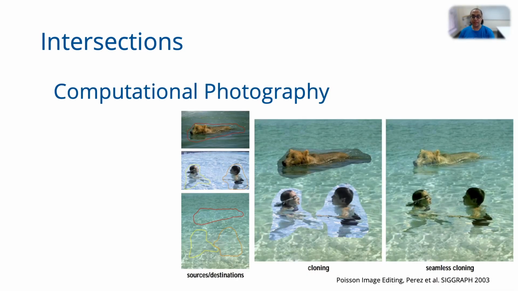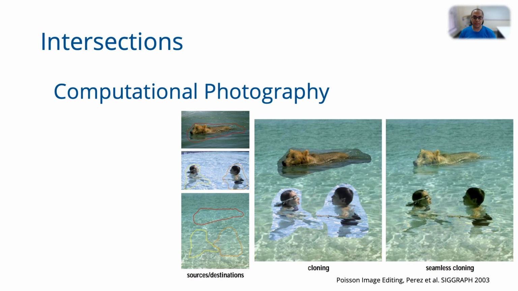Computational photography is a very interesting area. Anytime you take photographs and you do any kind of computation, you are again basically fusing algorithms from computer vision and graphics to bring you an image that did not exist in reality.